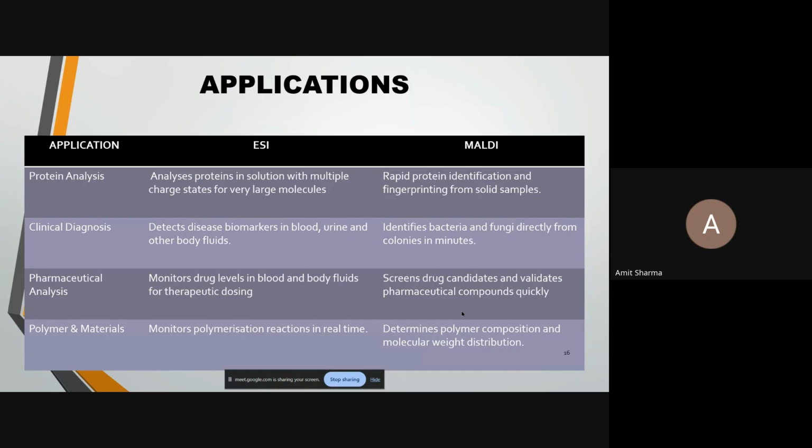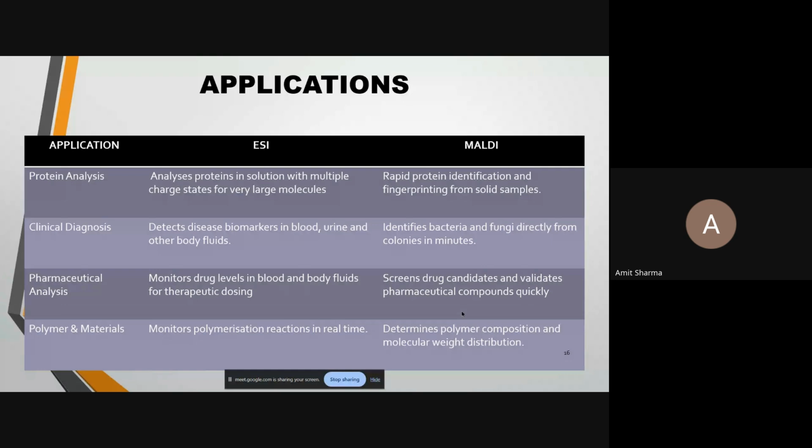And for clinical diagnosis, ESI is used to detect disease biomarkers in blood, urine, and other body fluids, whereas MALDI identifies bacteria and fungi directly from colonies in minutes. And we have pharmaceutical analysis, where ESI helps in monitoring drug levels in blood and body fluids for dosing, and MALDI is used for screening drug candidates, and it validates pharmaceutical compounds quickly.